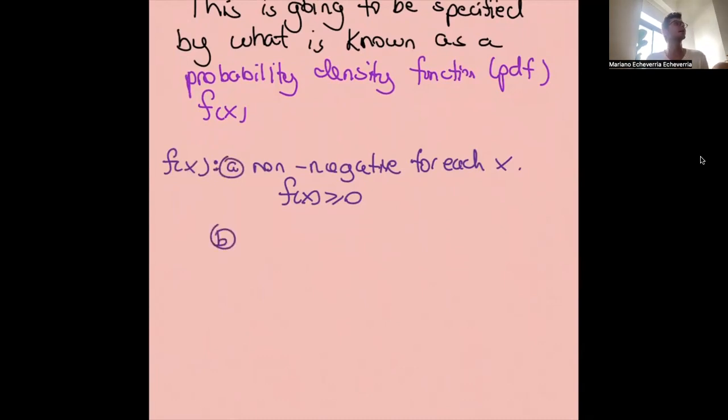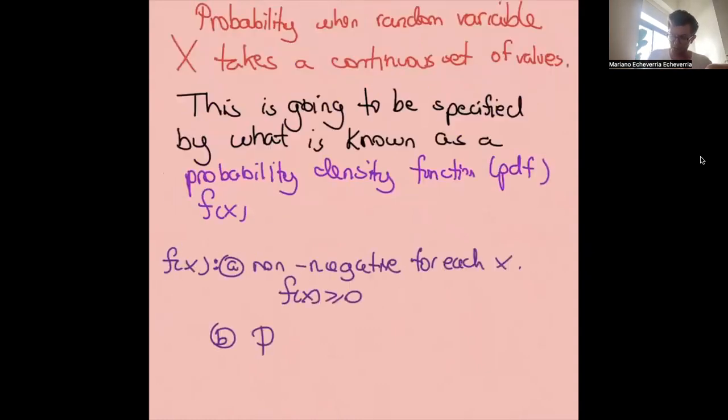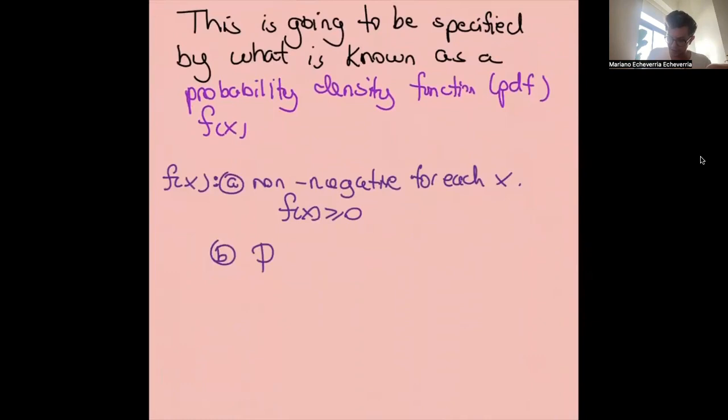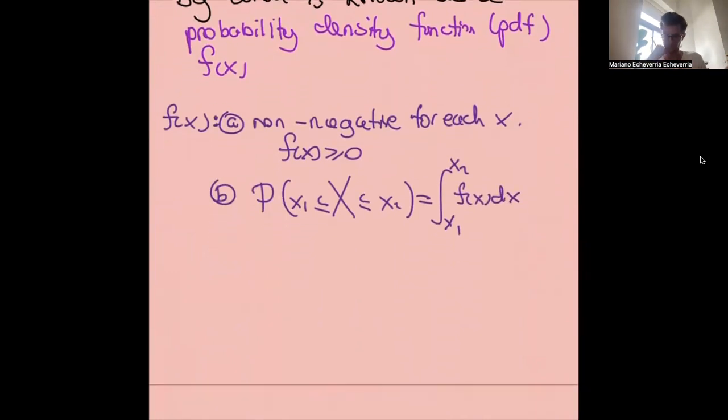The second property is more like the notion that we want this to work as a probability. The interpretation that we will give to this f of x, which is what I wrote at the last step last time, is that the probability that the random variable x is between certain two numbers is literally just the integral of this probability density function. This is how we are going to compute these probabilities.